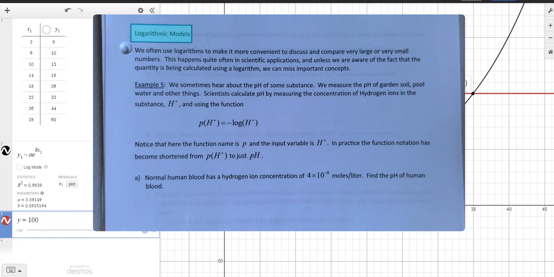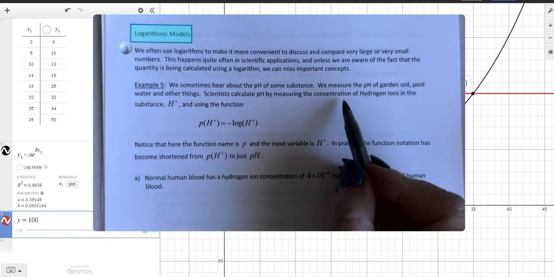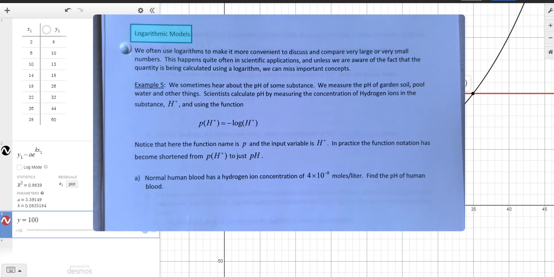Sometimes we can hear about the pH of a substance. Essentially, it measures the acidity. We measure the pH of a garden soil, pool water, various other things. And the way that scientists actually calculate pH is they experimentally measure the concentration of hydrogen ions in whatever it is they're working with.